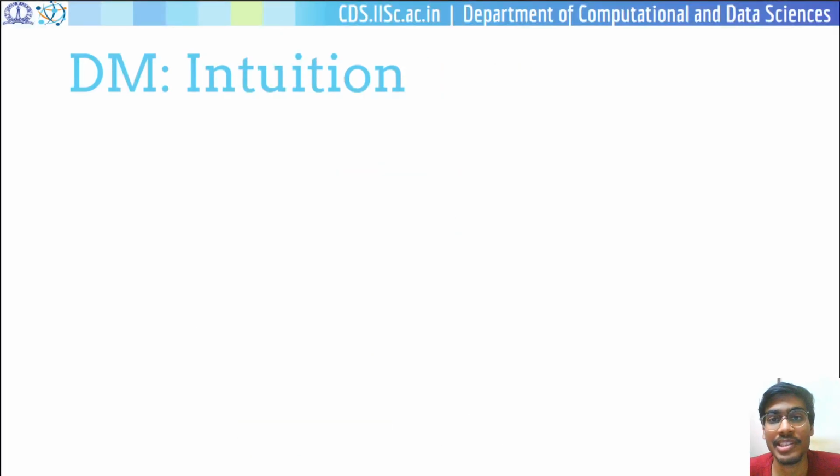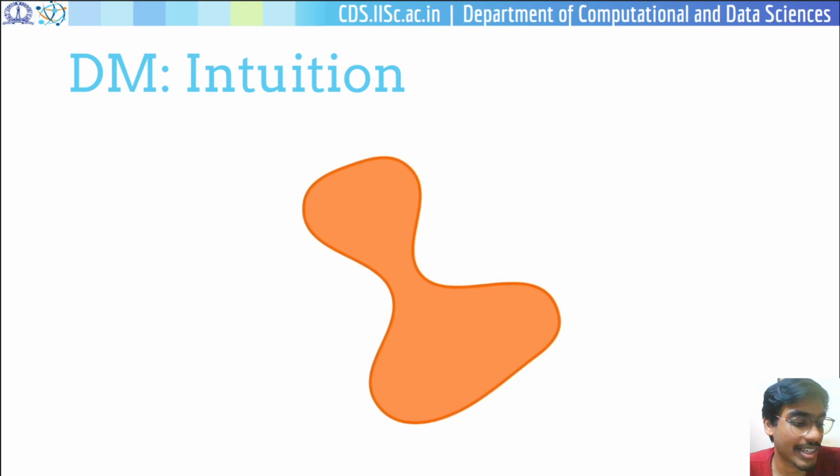Let's get some intuition about this from the data manifold perspective. And what is a data manifold? Usually your data is very high dimensional, but the data itself lies in a low dimensional subspace, which we call the data manifold. Now, for illustration purposes, we have drawn it as so.